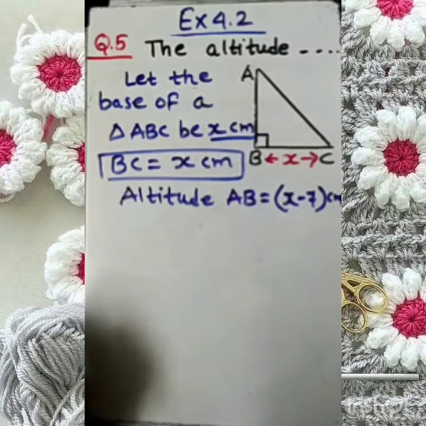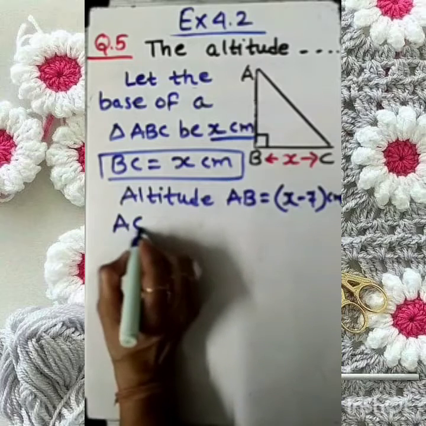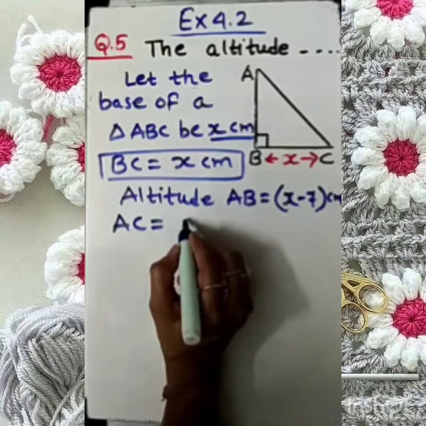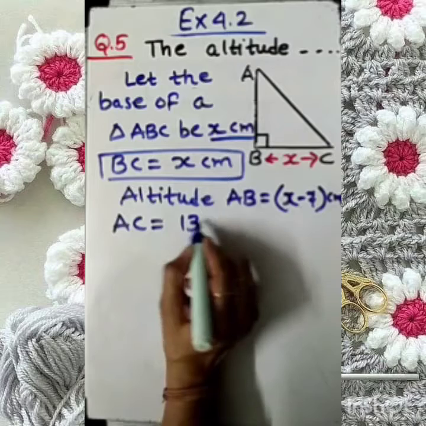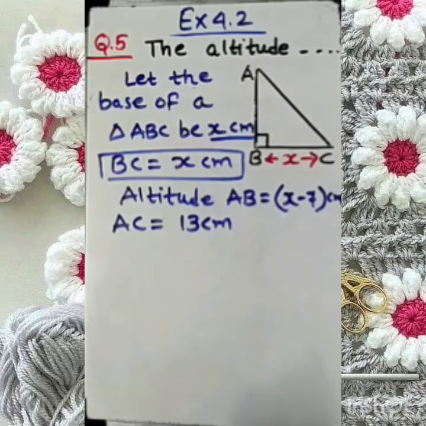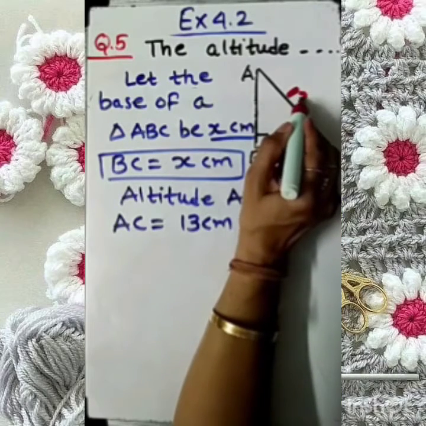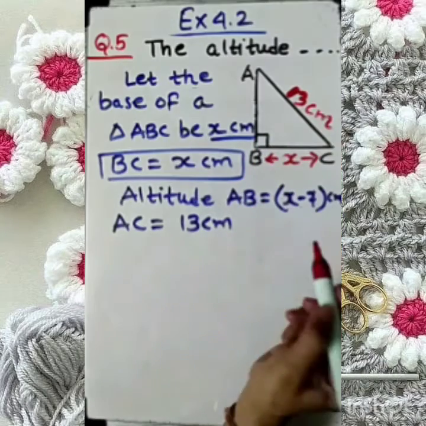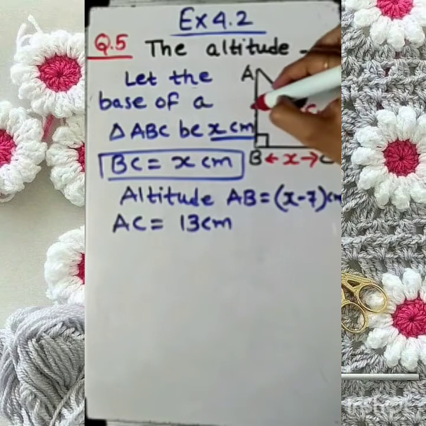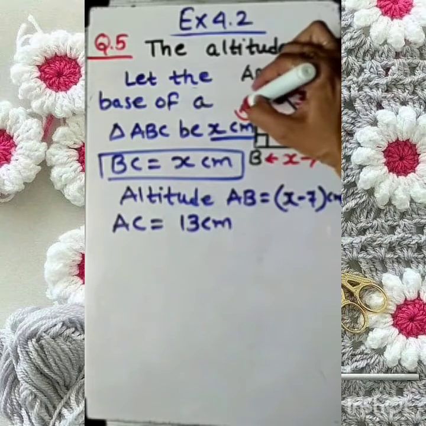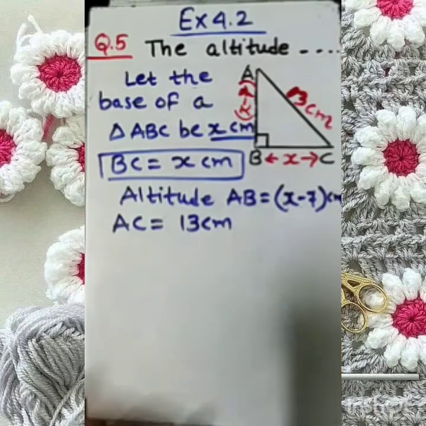Beside this, we are given the hypotenuse of the triangle is 13 centimeter. Let me note down the same thing in the figure also. This hypotenuse is 13 centimeter and this is x minus 7 centimeter.